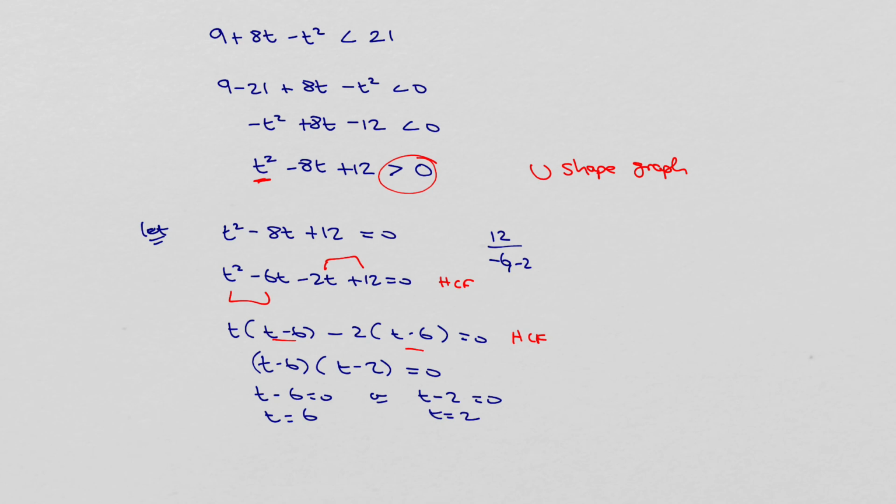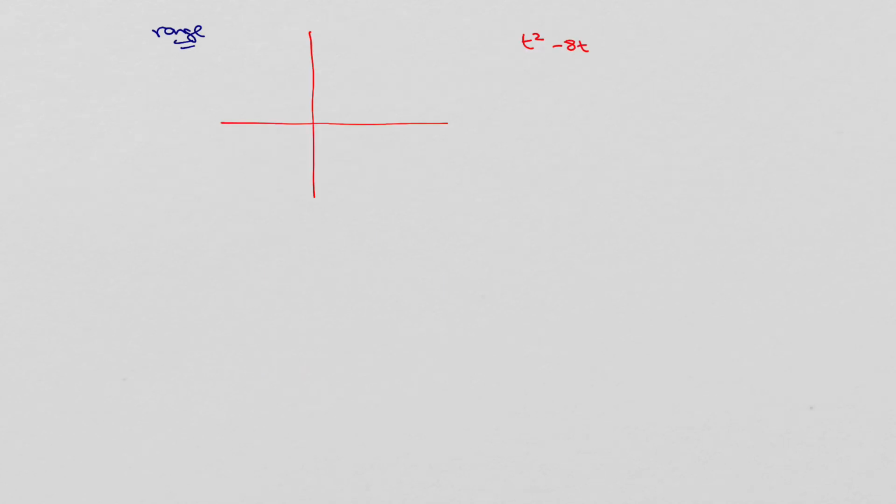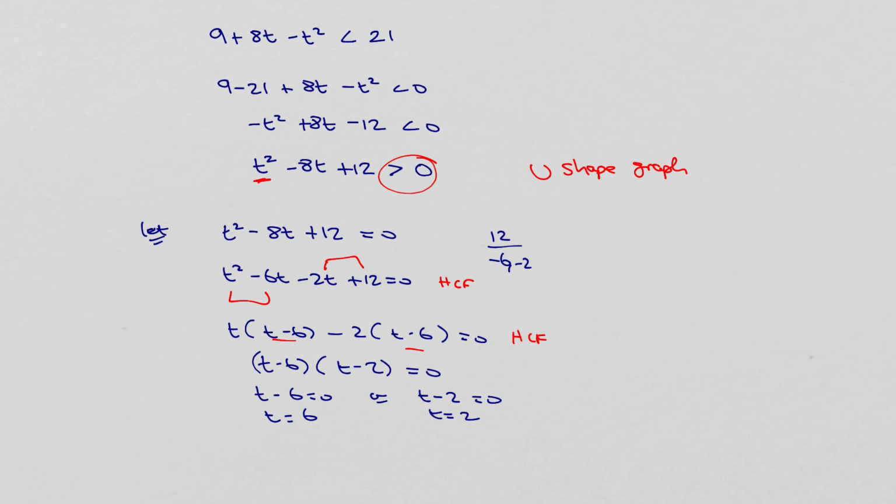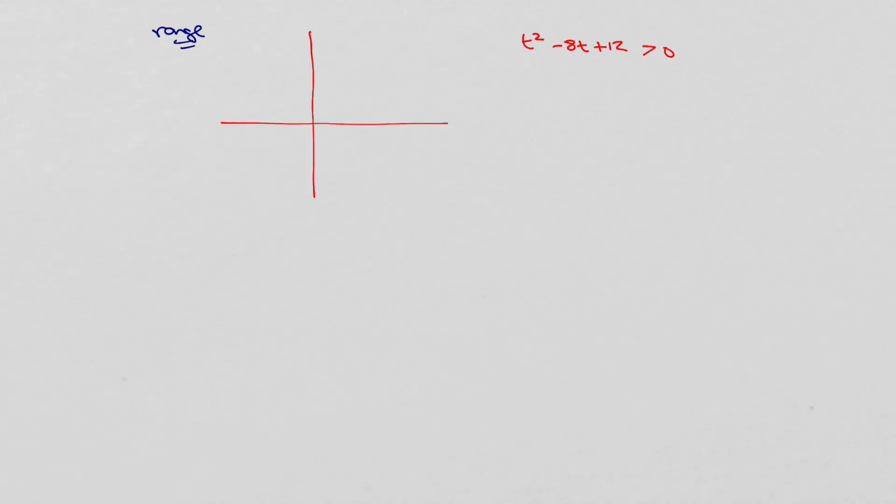And our graph is for t squared minus 8t plus 12. And it's greater than 0. So greater than 0 means above the x-axis. In other words, where are my y-coordinates of this graph?